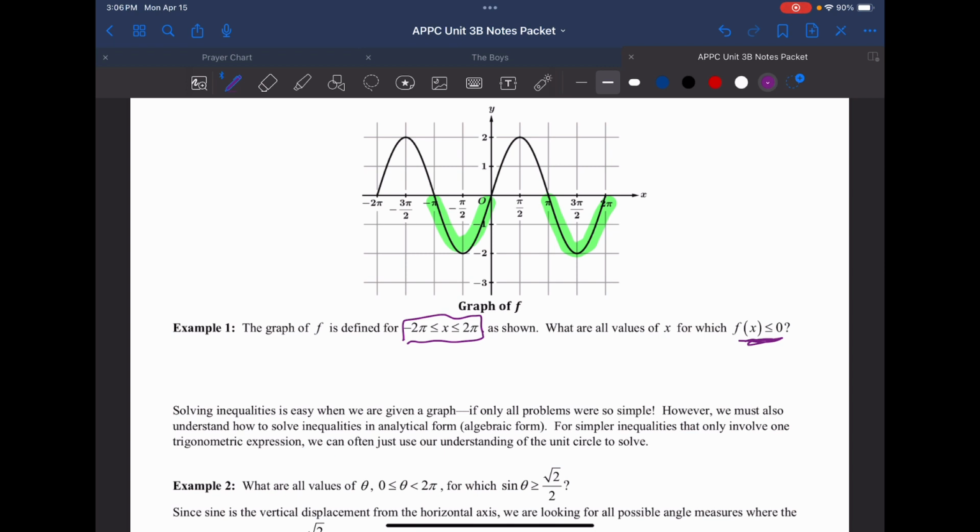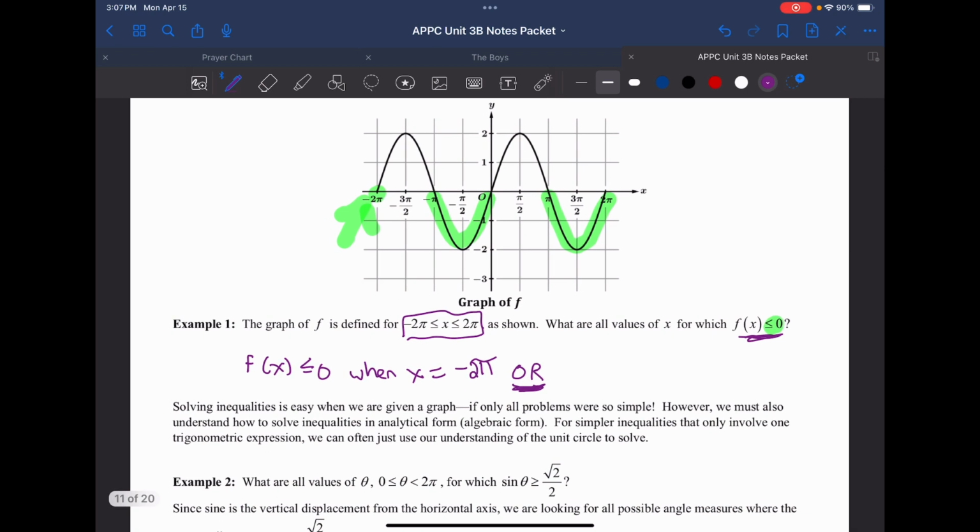You'll say f of x is less than or equal to 0 when x is equal to, and there's one part that I forgot, because this is less than or equal to 0, I can't forget the starting point right here. So it's when x is equal to negative 2 pi, or when, there's multiple things that you need to work with, it's between, so that took care of this part, now I've got to take care of this part.